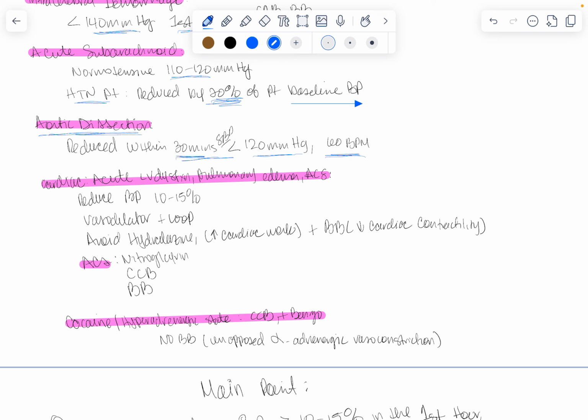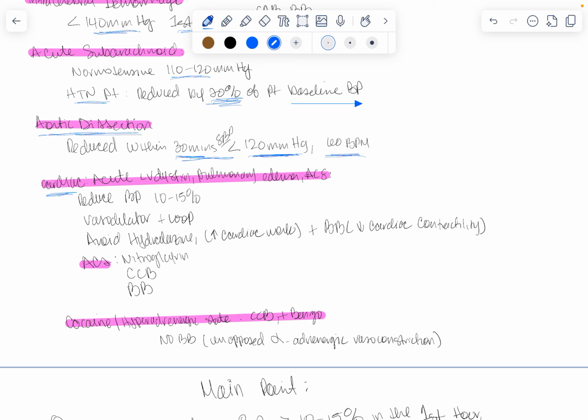This one, you have to reduce the blood pressure quickly to prevent worsening of the shearing of their blood vessels, okay? The aorta.